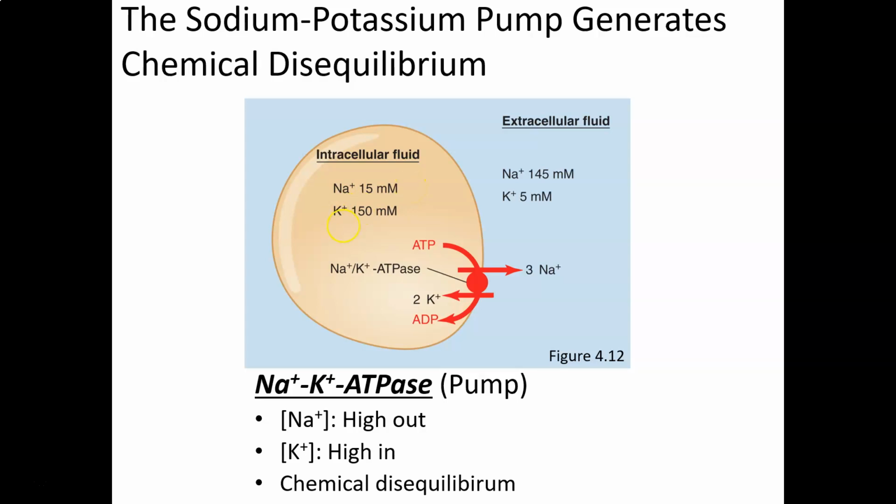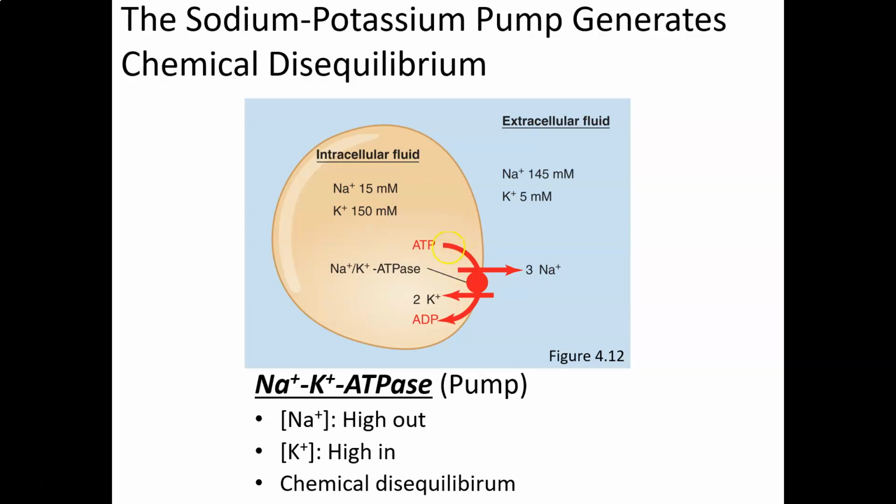However, potassium, even though it's still a cation with a positive charge, if we opened a channel for potassium, it would diffuse from the inside of the cell, because that's where it is in the highest concentration, to outside. Those directions of movement are based on the chemical differences.